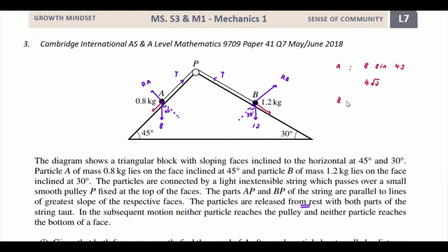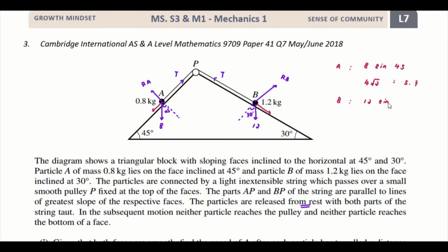Then after that for B, you can just get the value. So it's 5.7. It doesn't need to be written in 3 SF. This is for our own reference, only to show you how you identify which direction the system should be moving towards.